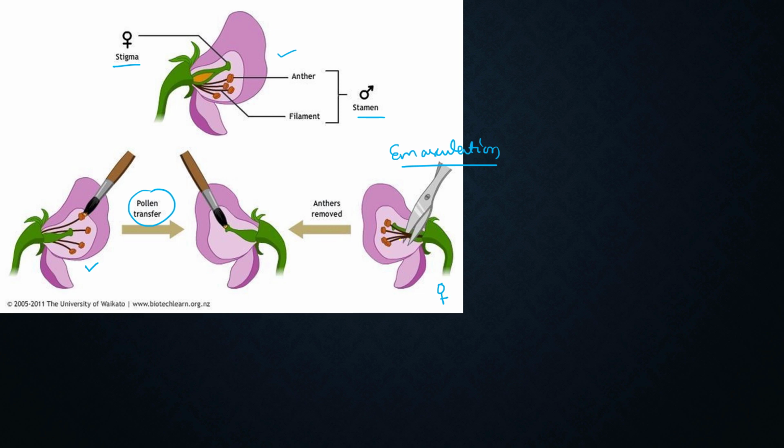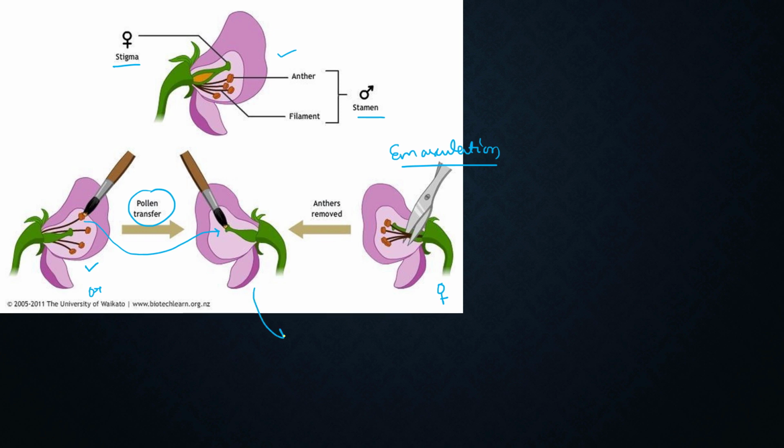Because we are going to remove the male component. So it is going to act as a female flower, and this is going to act as a male flower. Both of these are, remember, bisexual flowers. Once we transfer the pollen grain from the desired source, we dust it on top of the stigma and allow the further process to continue.